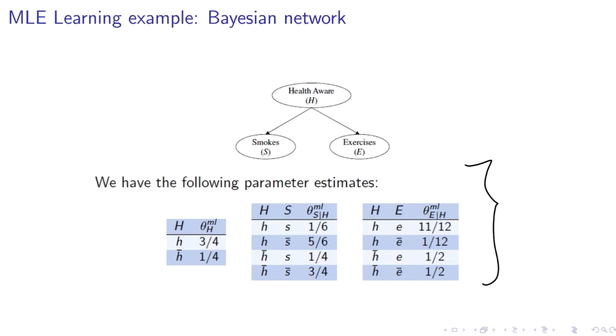Okay, so h bar is nothing but h equals false, and h is nothing but h equals true. So we already computed this parameter, which was 1 over 4, and we computed this parameter, which was 3 divided by 4. Okay, and you can similarly compute other parameters using the data set given on the previous slide.